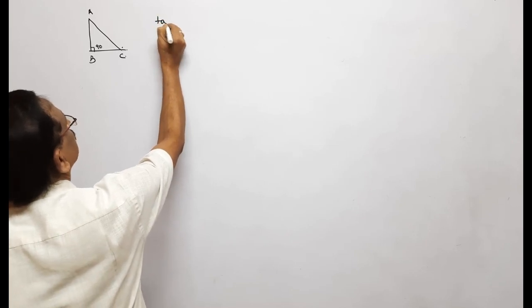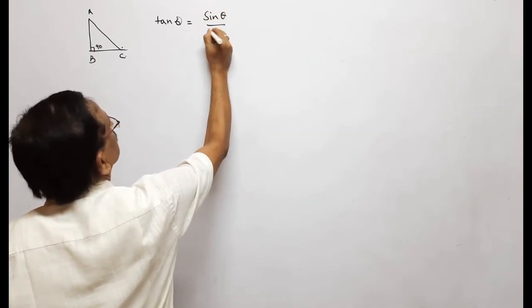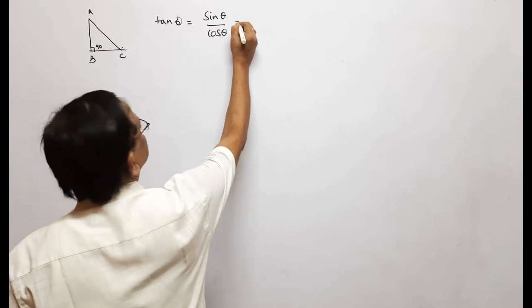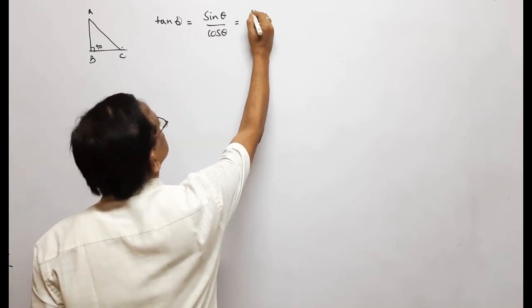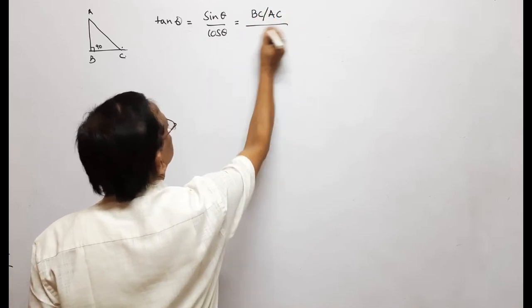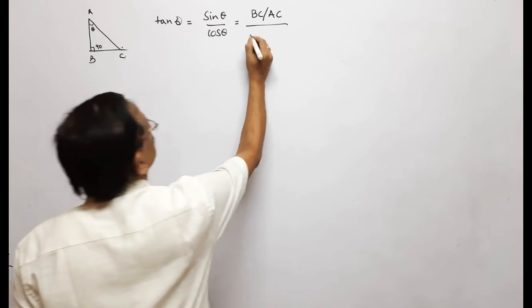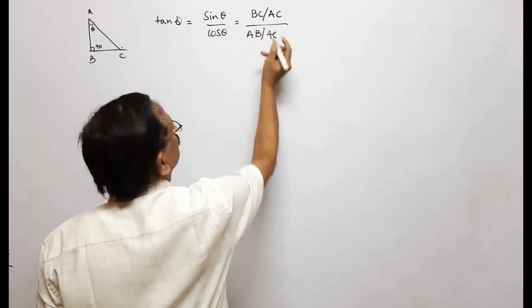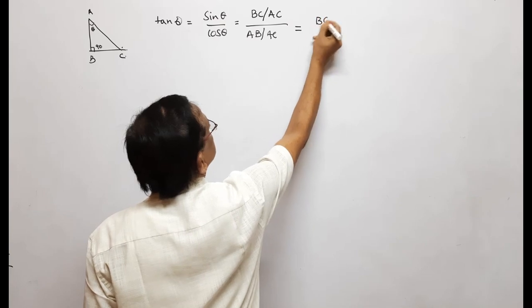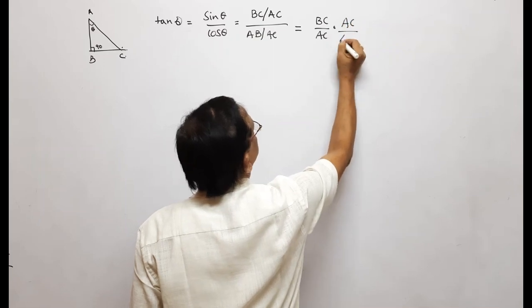Now I'll write down tan theta. Tan theta is simply sine theta by cos theta. But what is sine theta as just defined? Sine theta is opposite side by hypotenuse. And what is cos theta? Adjacent side by hypotenuse, this is theta, right? So AB by AC. What does it mean? This is BC by AC, so AB by AC will be reversed, AC by AB.